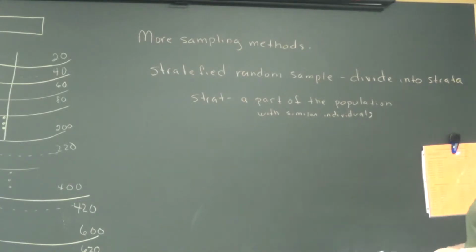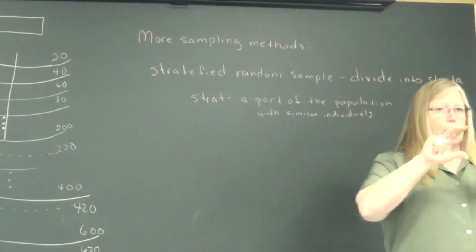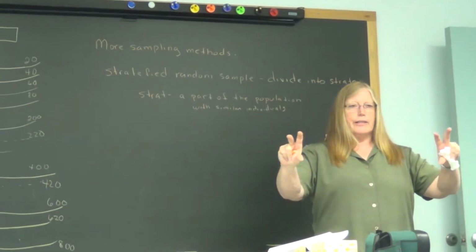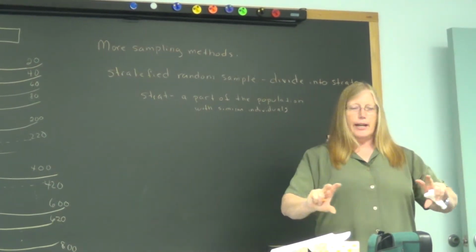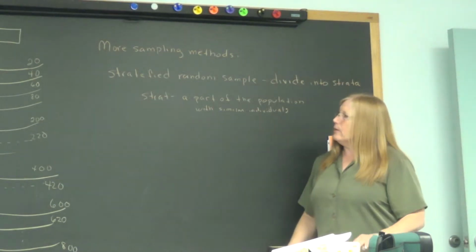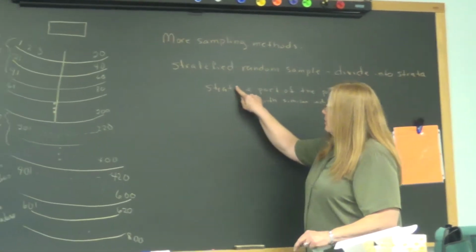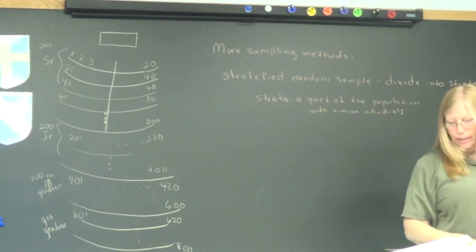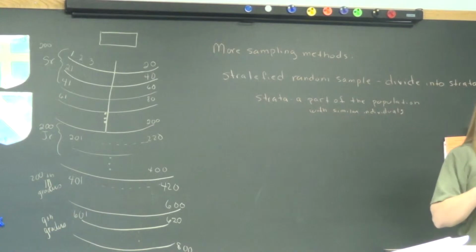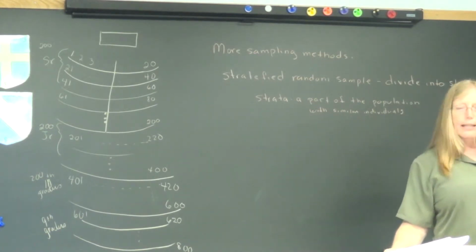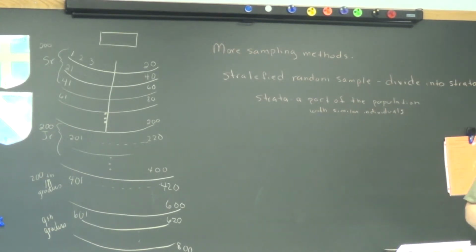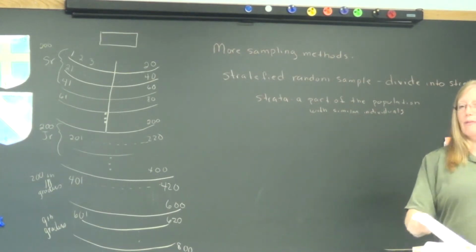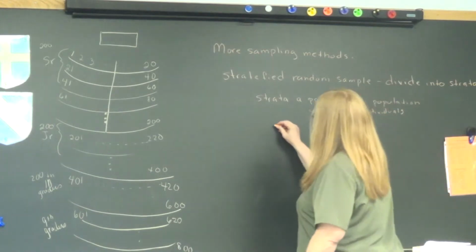What we're going to do is divide the whole population into groups that are like each other. Everyone in a strata has very similar characteristics, different from the next strata. When we do that, we're then going to take a simple random sample, an SRS, in each strata. So we might take 5 out of each strata, and we will get those values randomly.